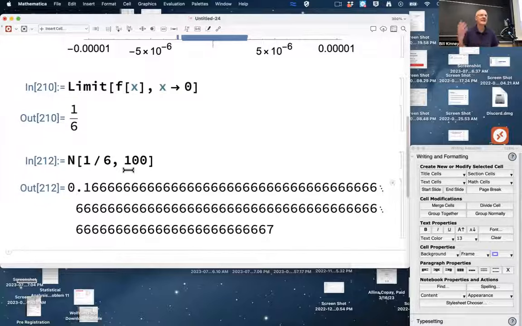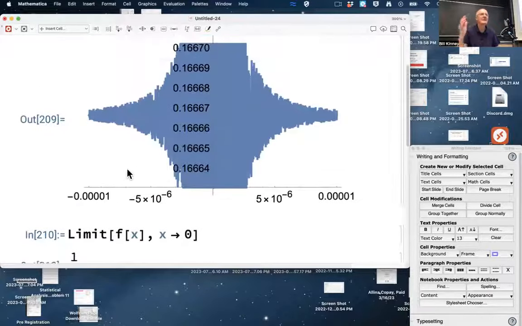This is illustrating that the technology can lead you astray. Why is this happening? Essentially, it's limitations of technology. The answer actually is 1/6, but the technology is making mistakes. Numerical error, it's called.